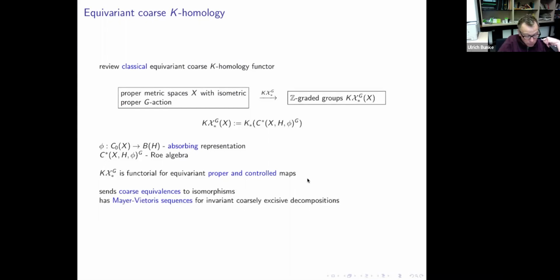It has excision, so Mayer-Vietoris sequences for invariant coarsely excisive decompositions of the space. And a nice property, it annihilates flasque spaces. So in particular, it annihilates products with a ray. So if you take any proper metric space and cross it with a ray, then the value of such a theory is 0.